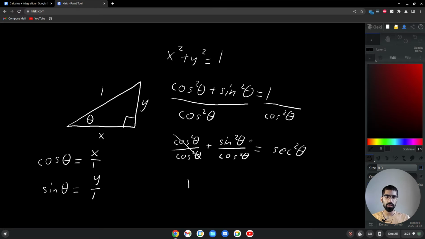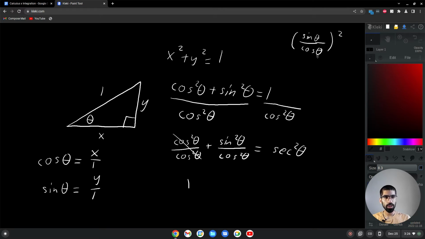Sine squared theta over cos squared theta, just on the side, that's the same thing as sine theta over cos theta all squared. Reason being that the square on a fraction distributes to both the top and the bottom of the fraction.